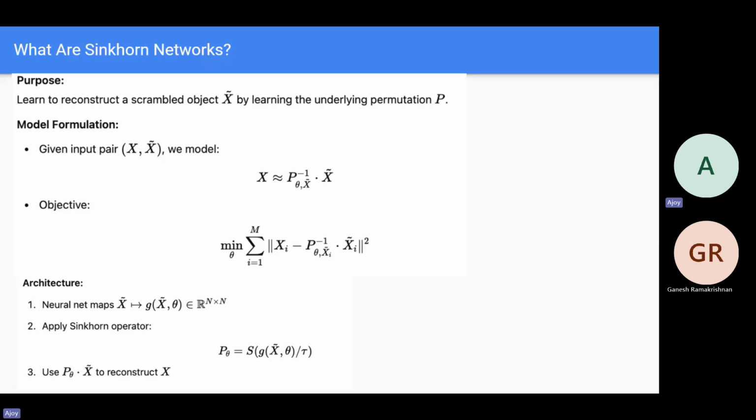In Frobenius norms, we mainly calculate the sum of squared errors, so there we are minimizing that. This is also the Frobenius norm. Here also we are minimizing that.